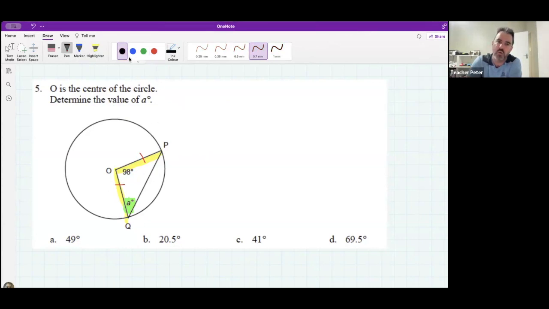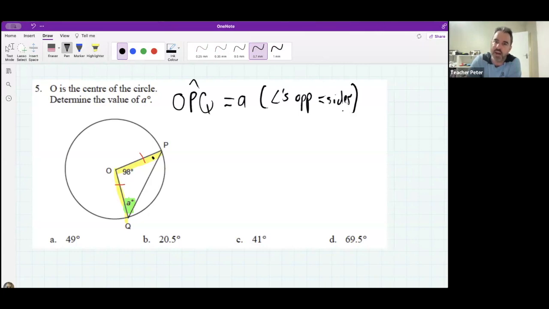So what we're going to say is that angle OPQ, which is basically this one, is equal to A. The reason it's equal to A is that it's angles opposite equal sides. Now, you'll notice that the angle over here is opposite that side, that red one. And because this is equal, that one over there is opposite there. So this is also going to be A.